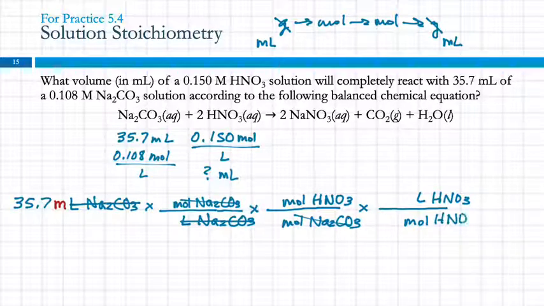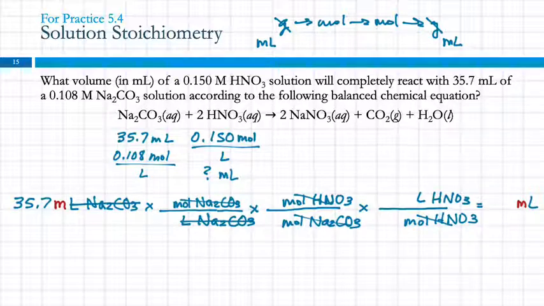It's upside down molarity, and those will cancel. So if I look at the units, the milli was not canceled. All these other things in the middle were canceled, and the liter wasn't canceled. And so at the end here, what I've got is milliliters.